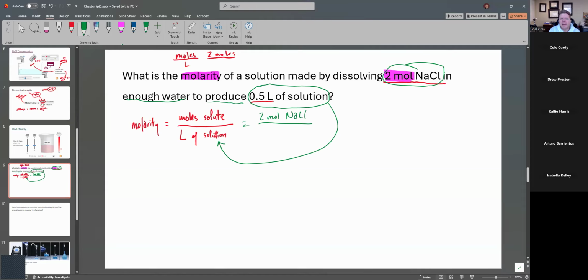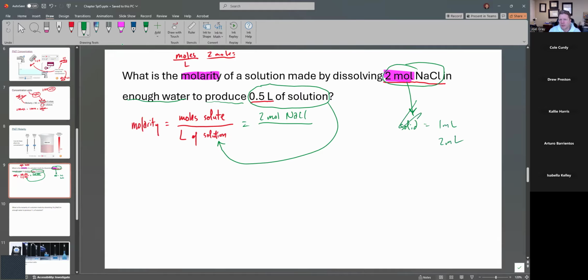Well, what that means is that this 2 moles of NaCl, that's a solid. As soon as you add water to it, it's going to dissolve. Now, does a solid take up space? Yeah, absolutely. So when something takes up space, is this like 1 milliliter of space? Is it 2 milliliters of space? We don't know.